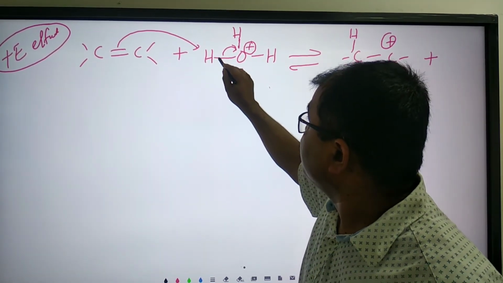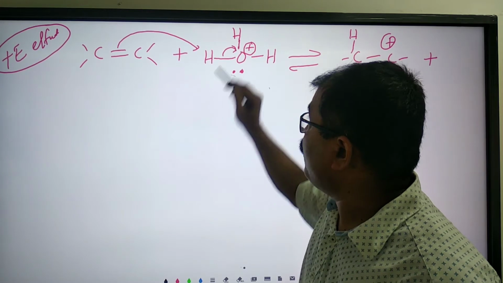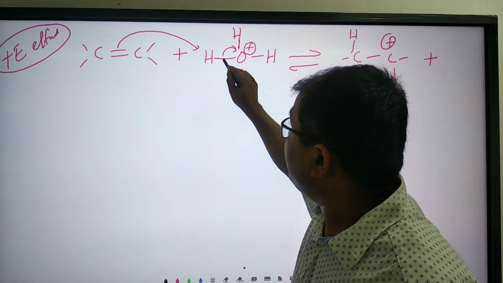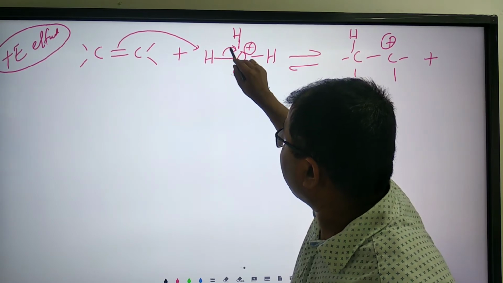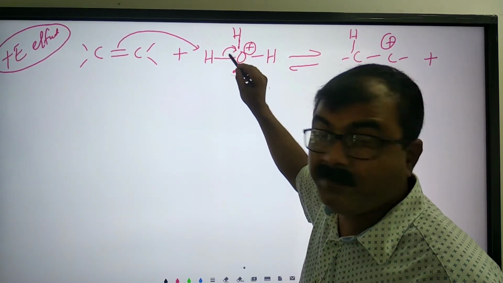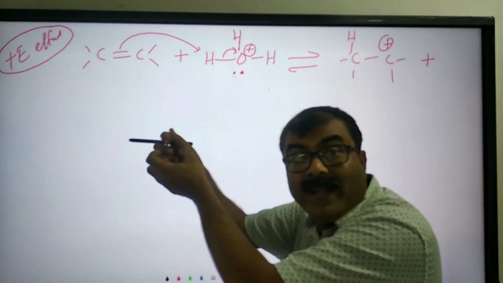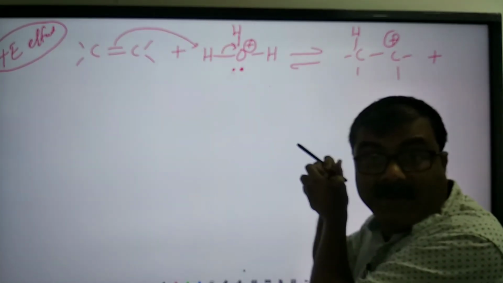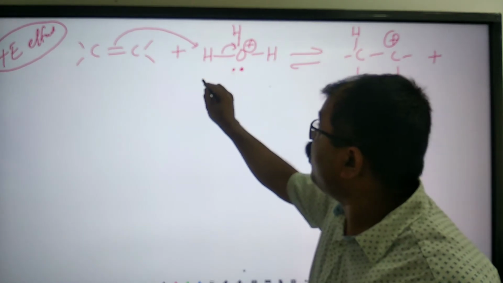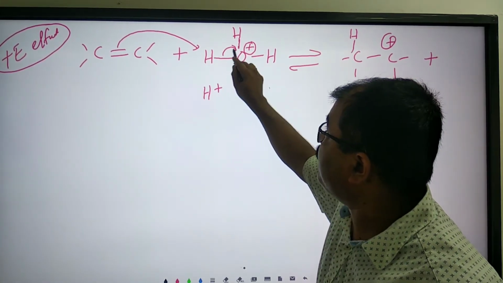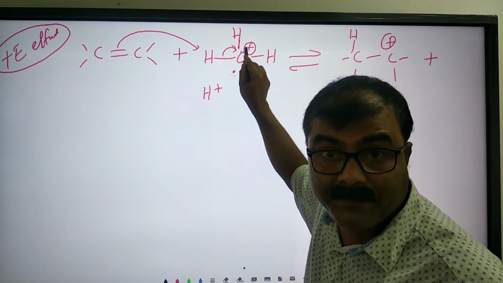That is why these oxygen-hydrogen bonds are very weak, which means it can release a proton. This electron will be transferred to oxygen. Oxygen will have a high tendency to pull the shared electron pairs. As a result, the proton will get released, because the electron pair will pull towards oxygen.